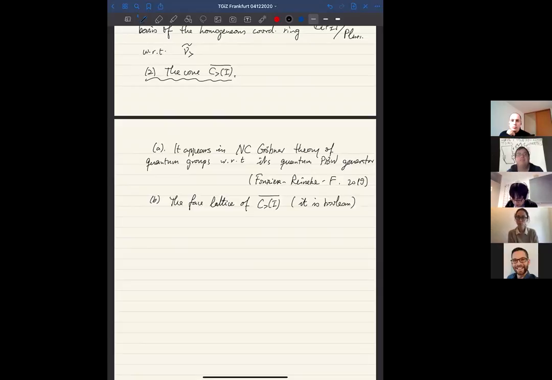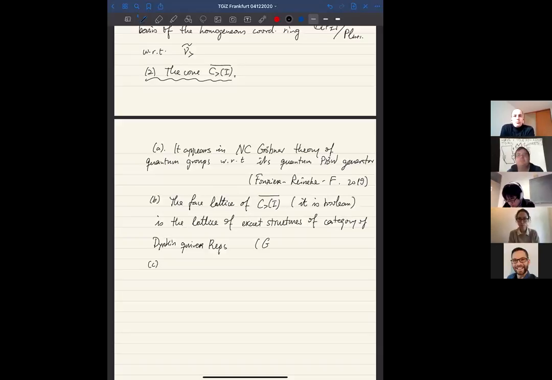And it is the lattice of something called exact structures of the category of Dynkin quiver representations. And this is joint work with Misha Gorsky.